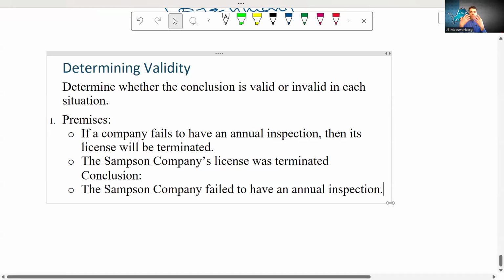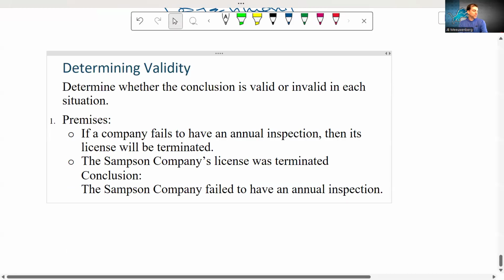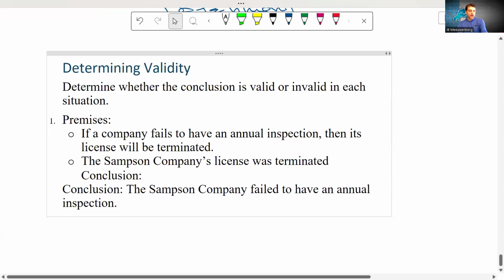For each of these, pause the video, read it, and try to determine, is it valid or not? And can you determine why? I'll give you a chance to pause and then come back here. Again, that should say conclusion right there.